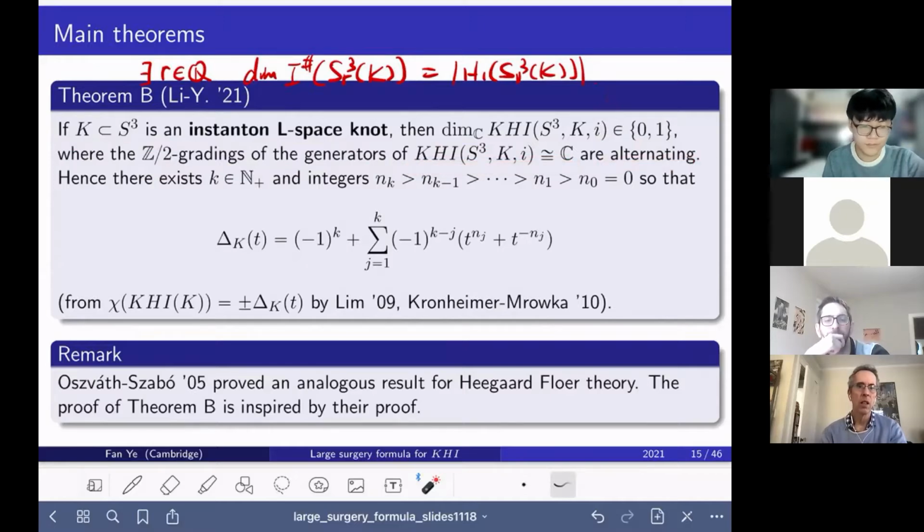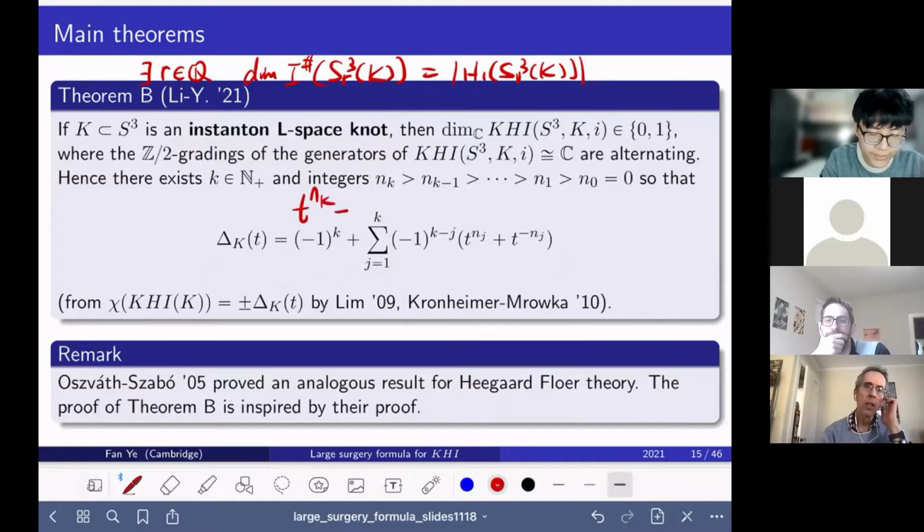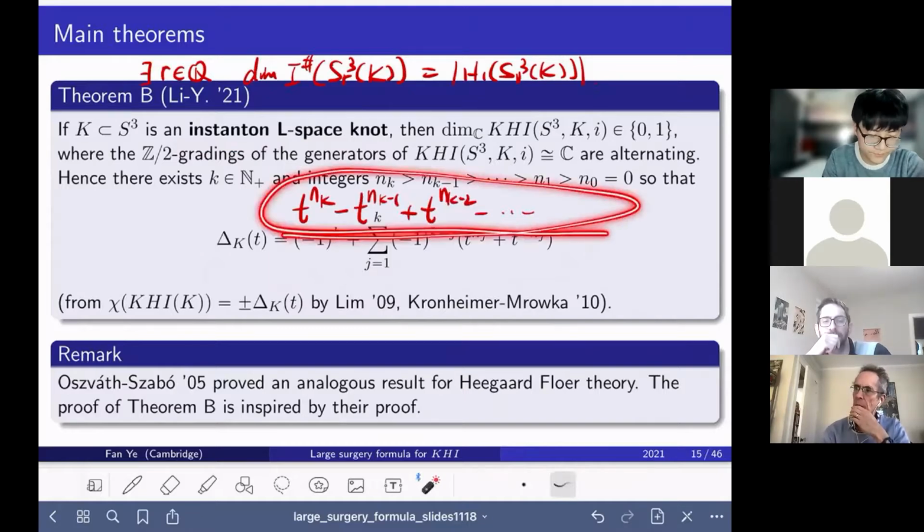So we can use this fact plus the Euler characteristic theorem to get a constraint on the Alexander polynomial, which means for an instanton L-space knot, the Alexander polynomial must look like this. We can write it out: it looks like t^{n_k} minus t^{n_{k-1}} plus t^{n_{k-2}}, and so on. Just the polynomial looks like this.